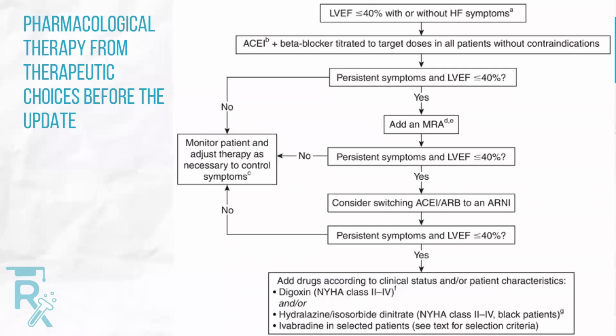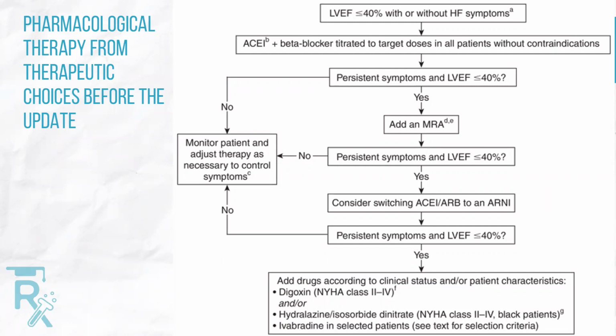Okay, now after the triple therapy, if the patient is not okay, the ejection fraction is still less than 40 and the patient is showing symptoms, I need to use a combination of an angiotensin receptor blocker and something else called sacubitril. This combination was found to achieve better outcomes for patients who didn't improve on ACE inhibitor alone.